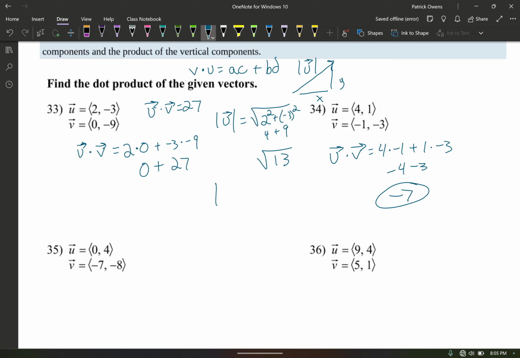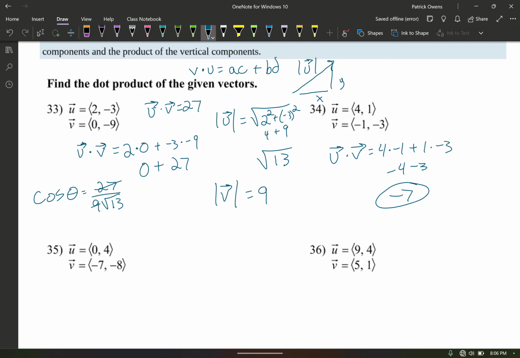We need to do the same thing for our magnitude of v, which, well, this one's just 9 because 0 squared is 0, negative 9 squared is 81, but then we need to take the square root of that, which just gives us 9. So we can write out our angle between vectors. So our cosine of theta is our dot product divided by the product of the magnitudes. So 9 times the square root of 13.